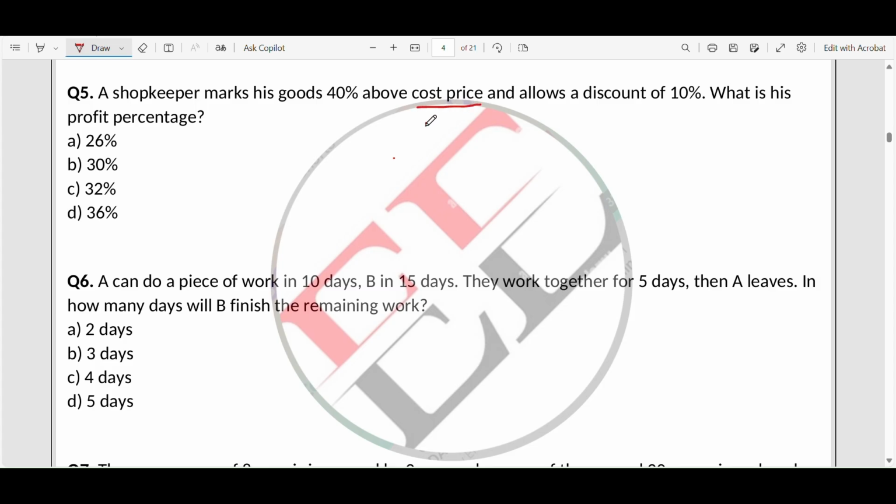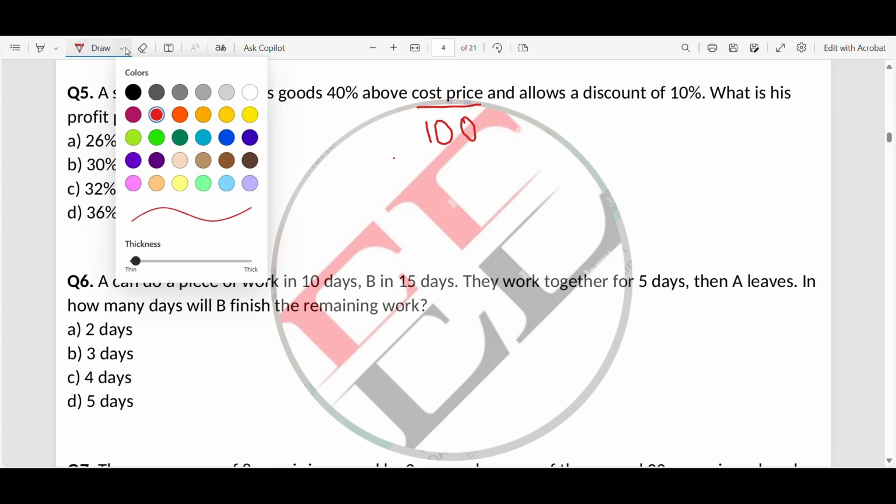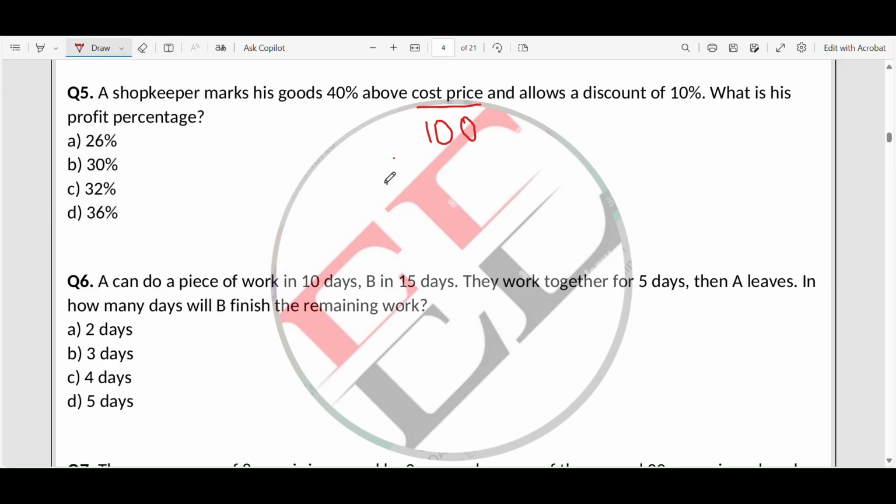Let's assume it as 100. So 100 would be the cost price, and he marked the MRP 40% above cost price. He bought books at the cost price of 100 rupees, and 40% above means the market price would be 140, not the selling price.